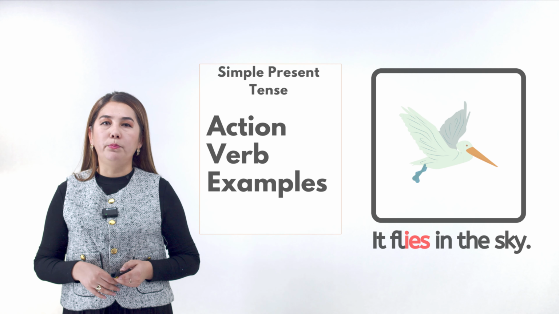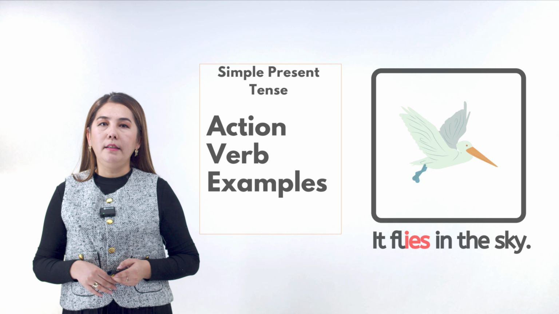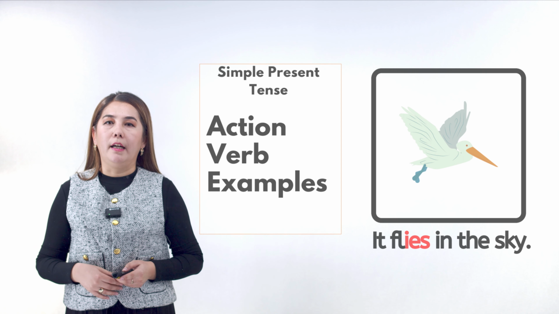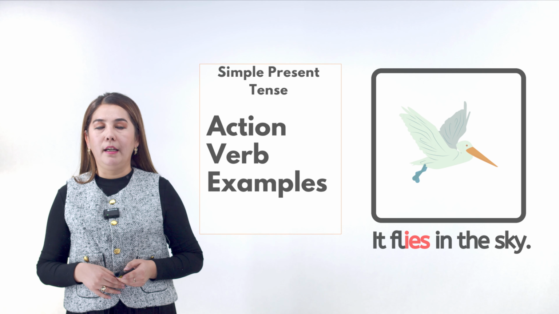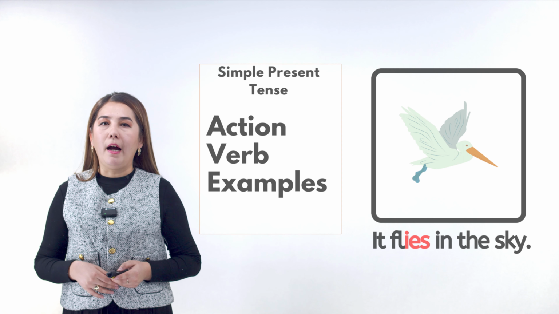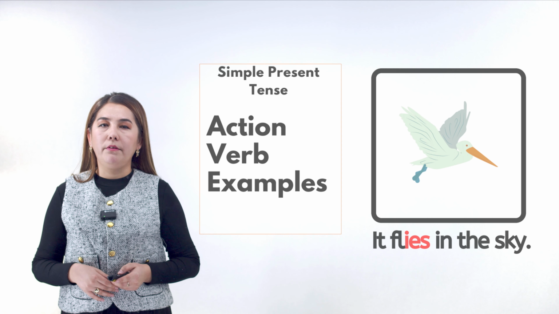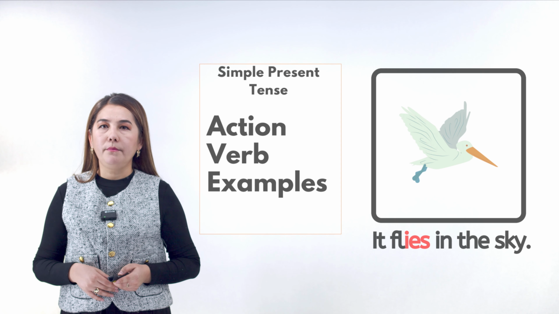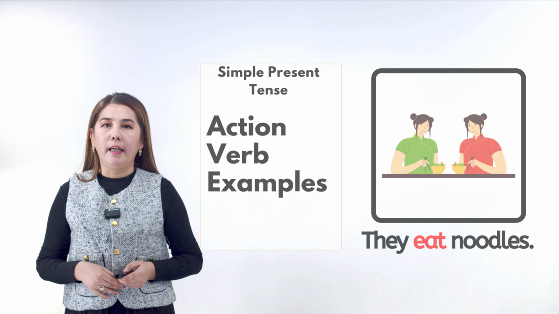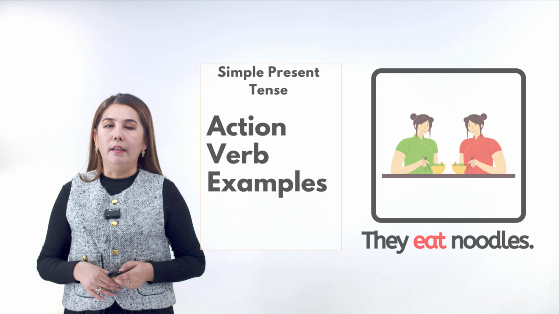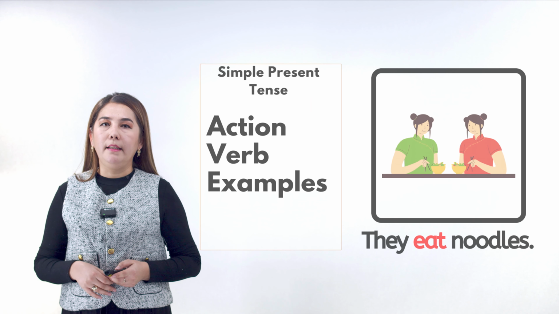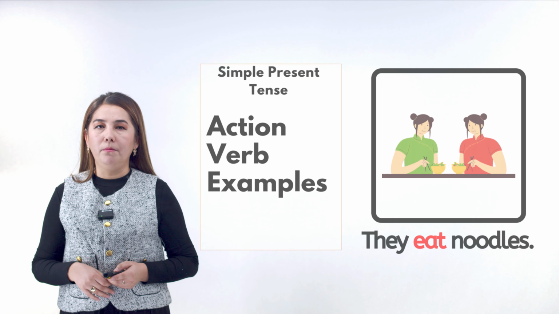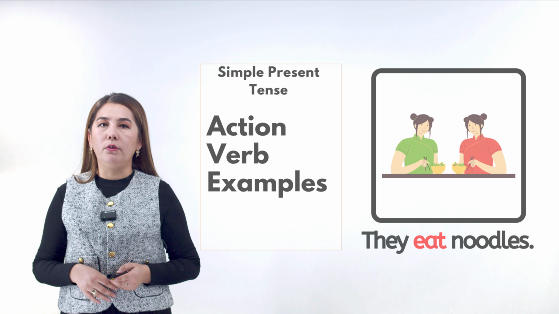We have to put ies after l. We have to remove y and put ies. We gave this word in red. The next one is in the plural form. For example, they eat noodles.